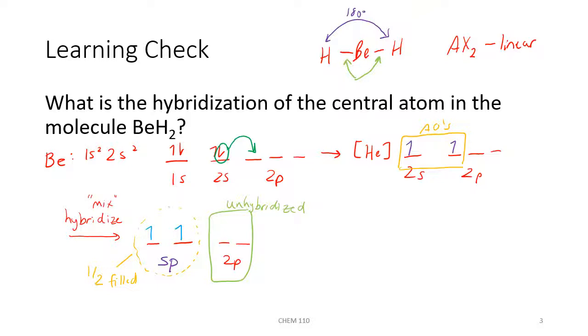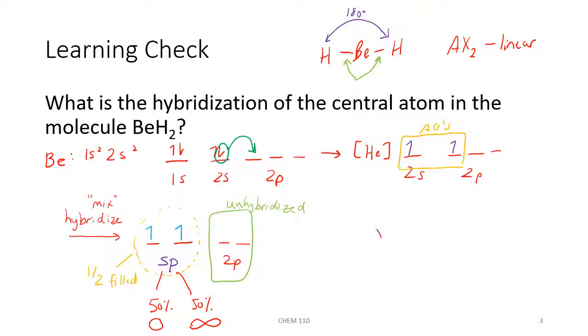So beryllium has two sp hybrid orbitals on it, and that means that they are 50% s character and 50% p character. So we know that s is a sphere and p is kind of a dumbbell shape. So the shape of an sp hybrid orbital is a combination of both of them. On one side, it's going to add together with the spherical part, and there will still be a small node in the middle.